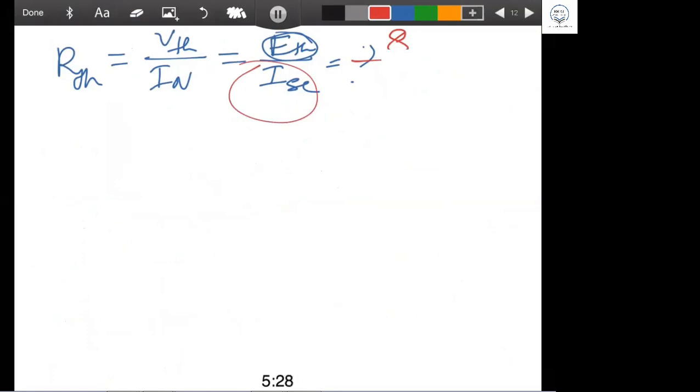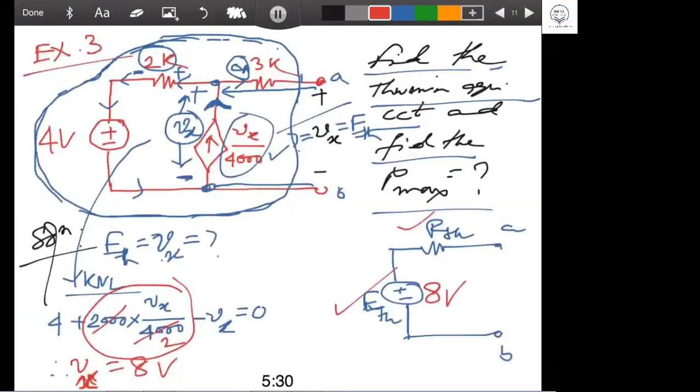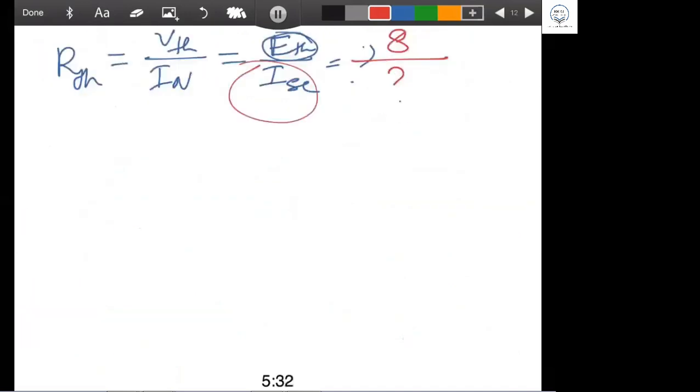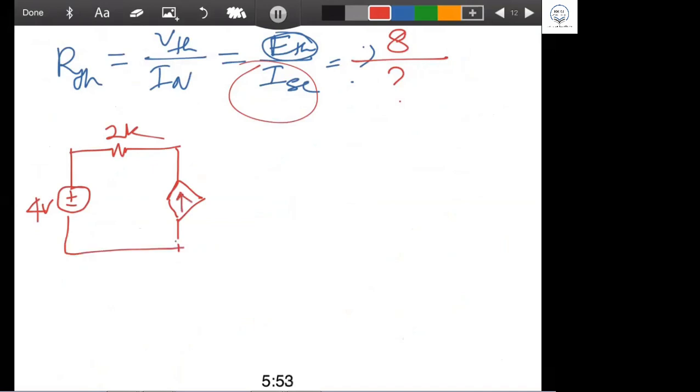The circuit shows 4 volt plus minus, then 2K, then the dependent source Vx by 4000, and another resistance of 3K, and this is your AB terminal.